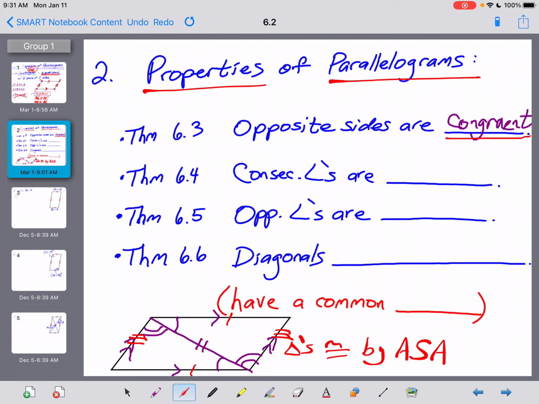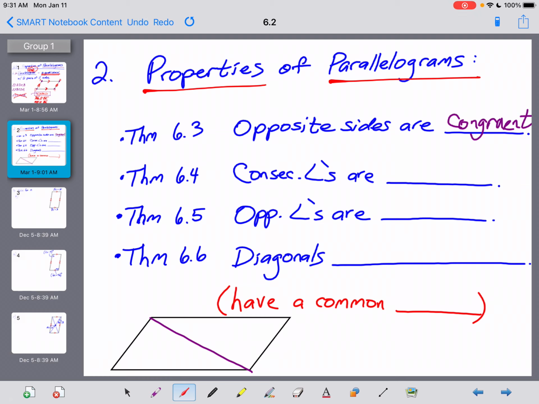Okay, as fun as that was, I'm going to undo most of the markings that I put in that diagram because it's going to get difficult to show what's going on here in the rest of it. So that was theorem 6.3. Opposite sides are congruent. Let's move on into theorem 6.4.